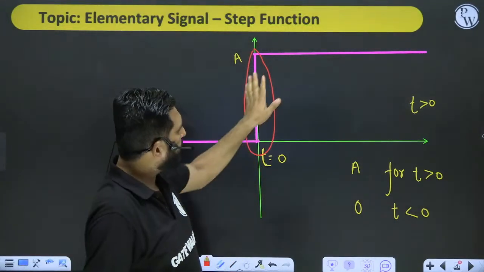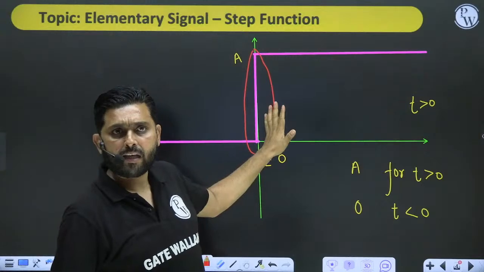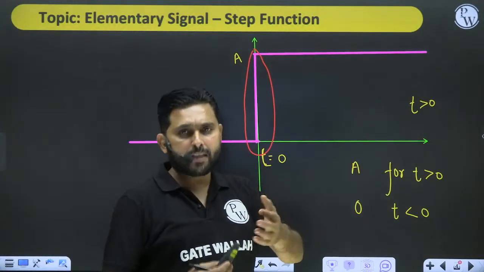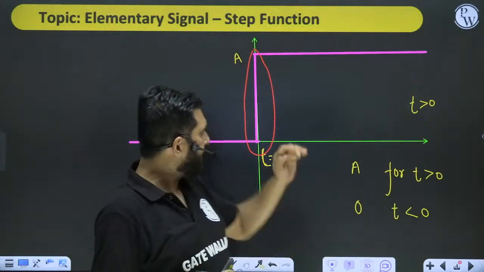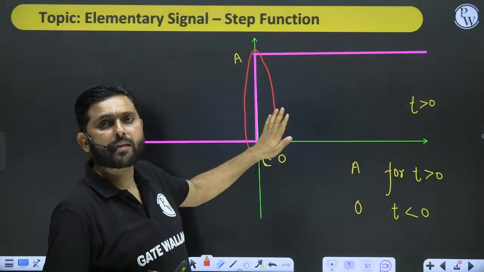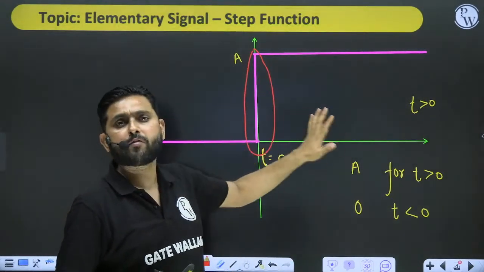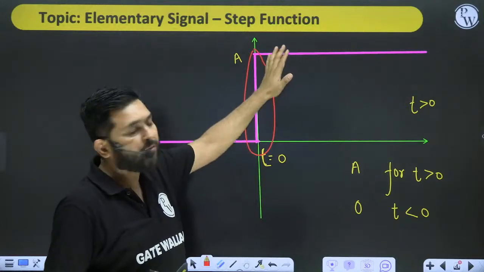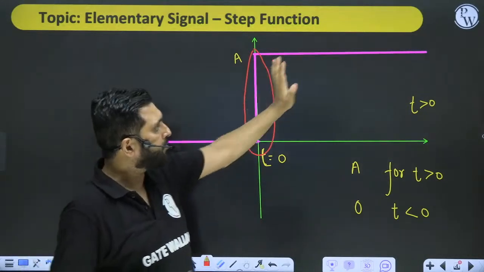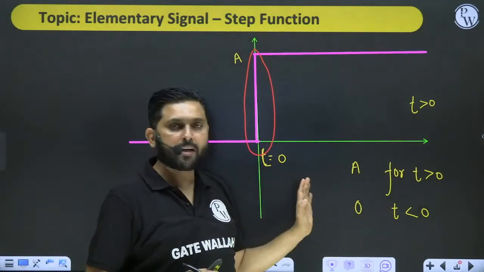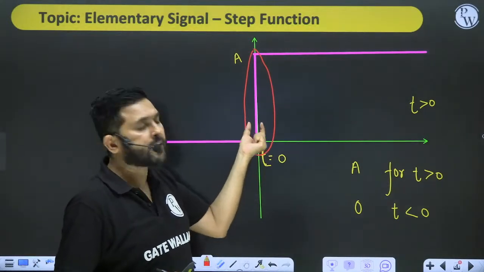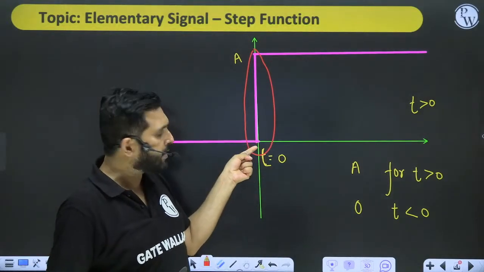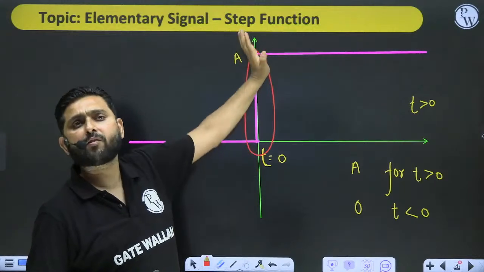If you want to find the value at the point of discontinuity, there is a very famous phenomenon that we will cover in the Fourier series, known as the Gibbs phenomenon. It says that the functional value at the point of discontinuity is the average of the values before and after the discontinuity. The exact value is undefined, because the first derivative of this function at t equal to 0 is not defined.